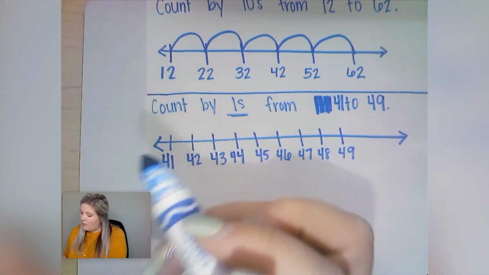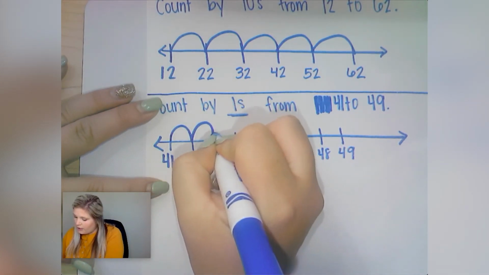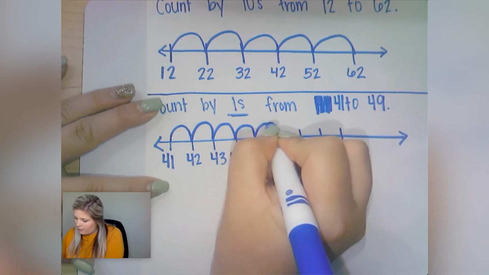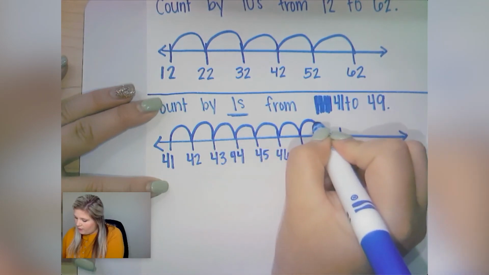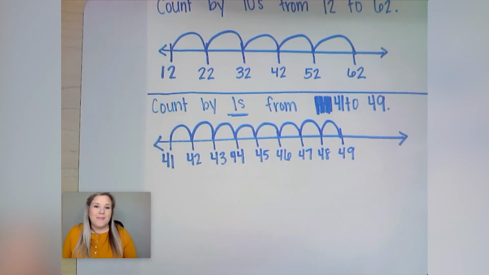Some of you might have gone ahead and counted again using your hops: 41, 42, 43, 44, 45, 46, 47, 48, 49. Great job using an open number line to count by ones.